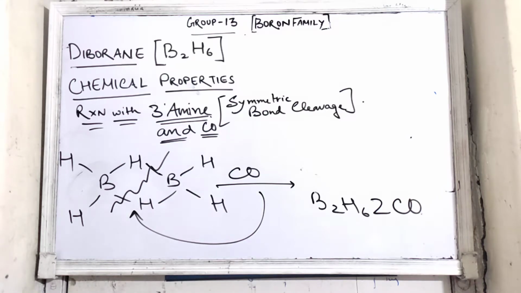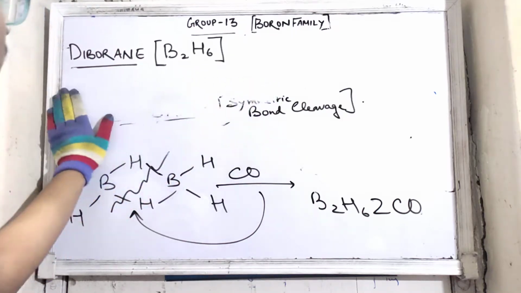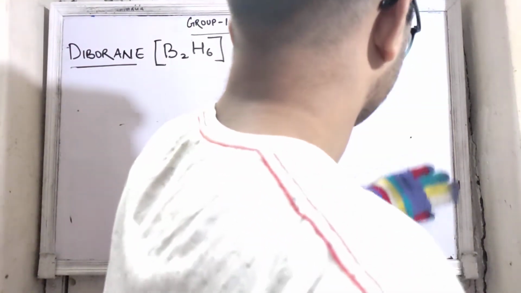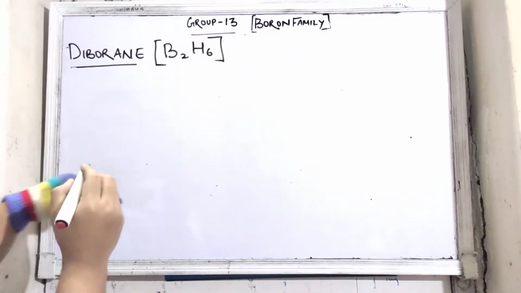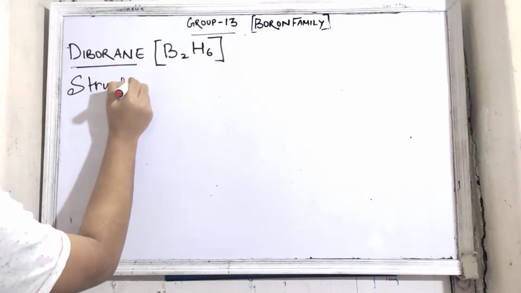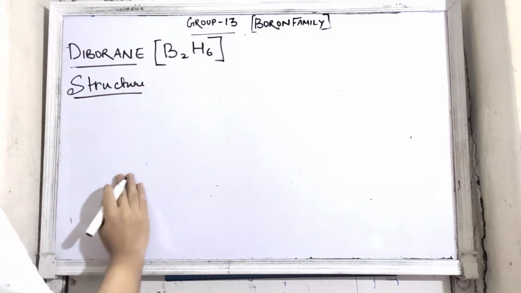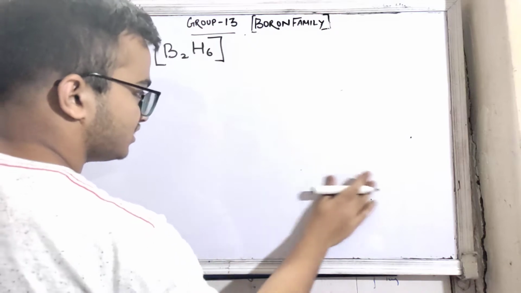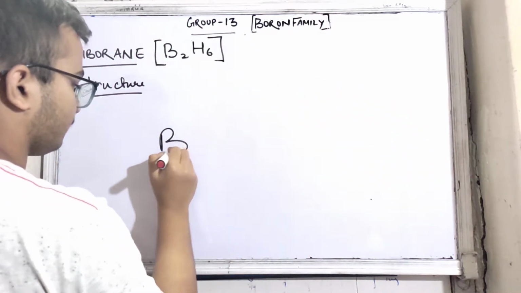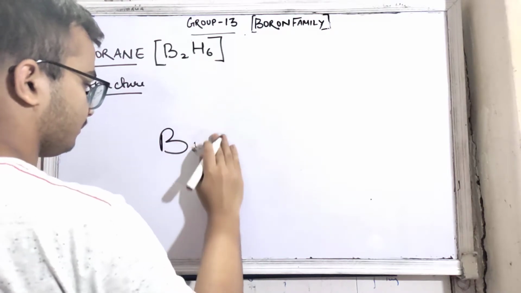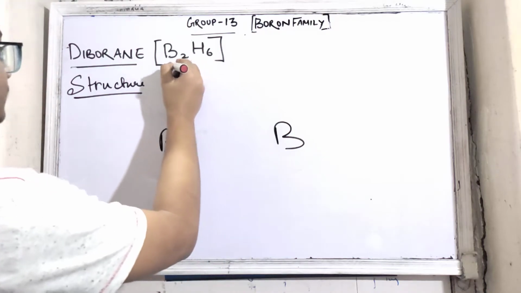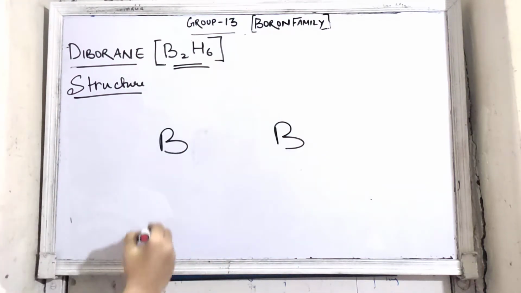Finished. Let's move on. So give the heading diborane structure. Now for drawing the structure, I have already mentioned it earlier. Let's draw it in a bigger view. Here is B. We have the formula B2H6.